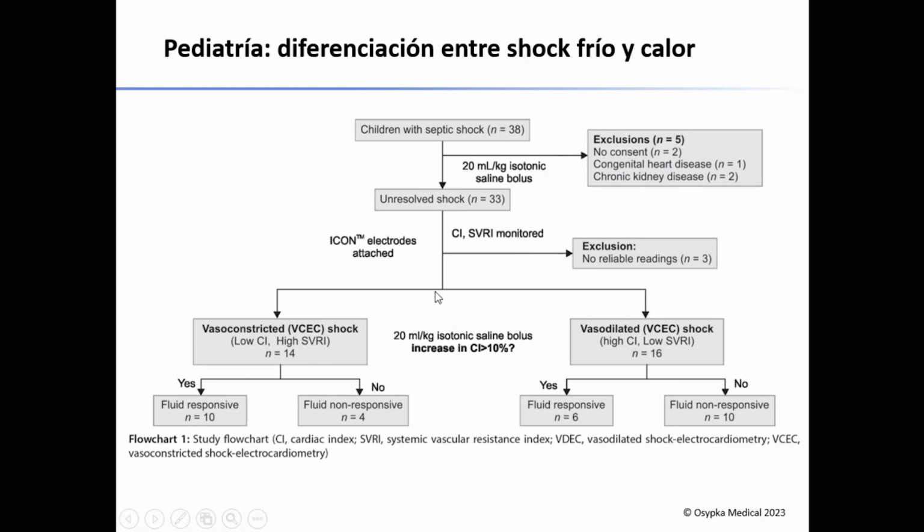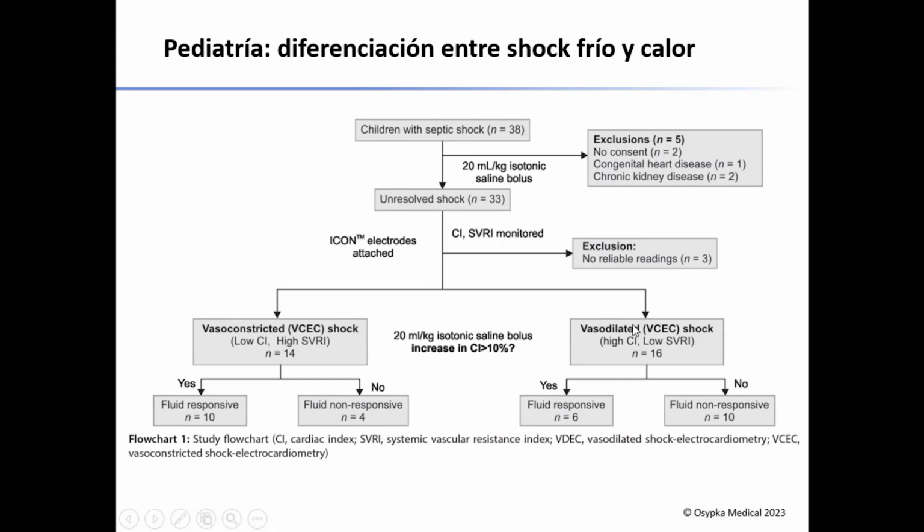At the end, they ended up with 30 patients. And they took electrocardiometry to measure cardiac index and systemic vascular resistance index. So this classification was done by using electrocardiometry numbers. And 14 patients were determined to be vasoconstricted based on electrocardiometry. And 10 of them were fluid responsive and 4 not.